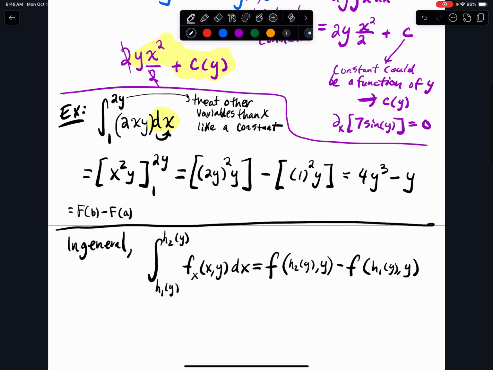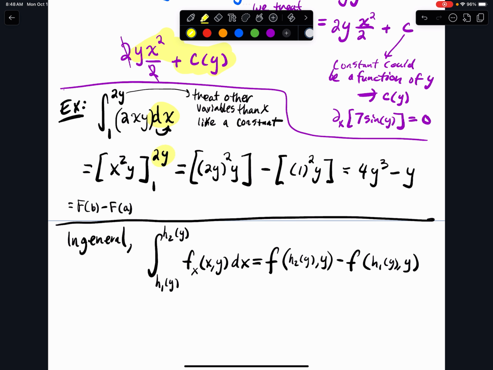That's literally what we did here. We plugged in here, and we plugged in there. That's what's going on in this piece here.